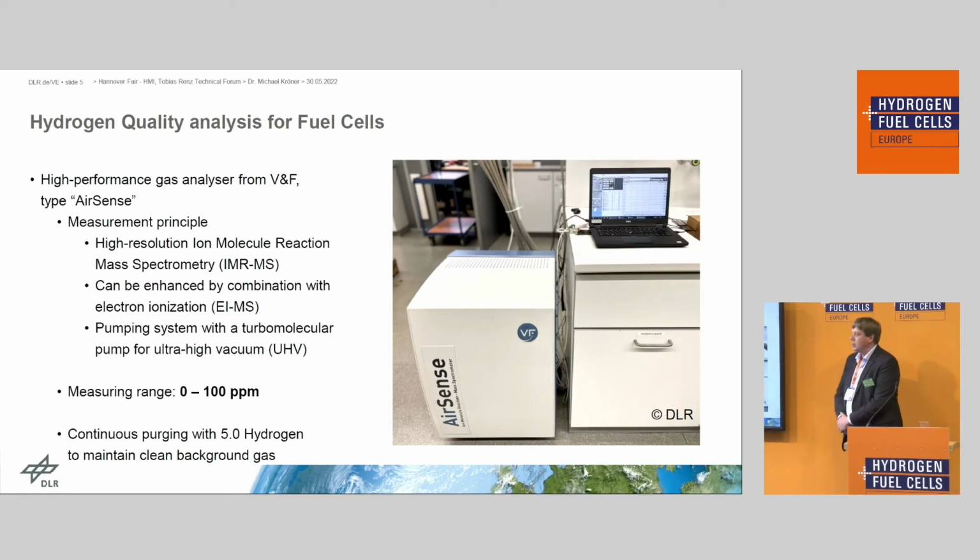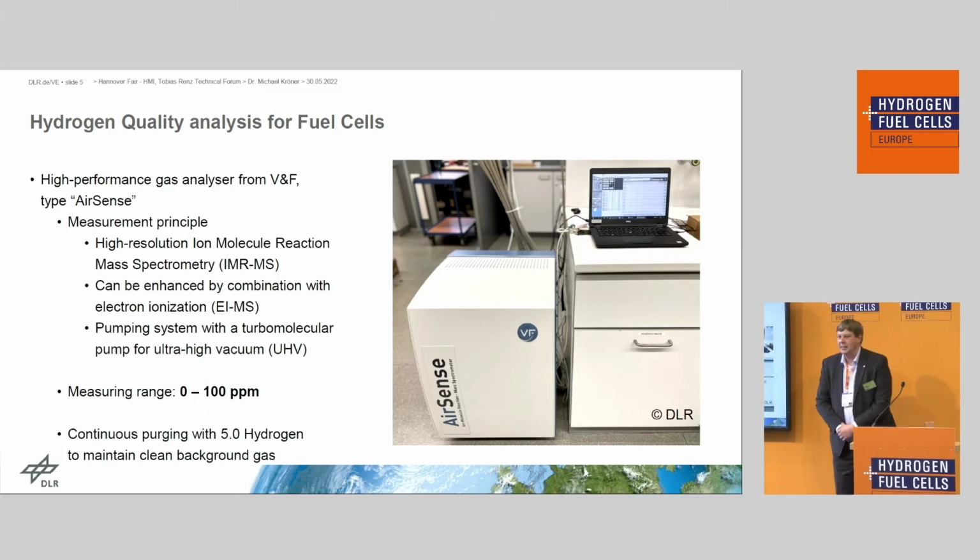Yeah, and how do you actually measure this hydrogen quality? You need some special equipment. So what we use here is a high-performance gas analyzer from the company VNF. It's an ion molecule reaction mass spectrometer that can also be used together with electron impact ionization.